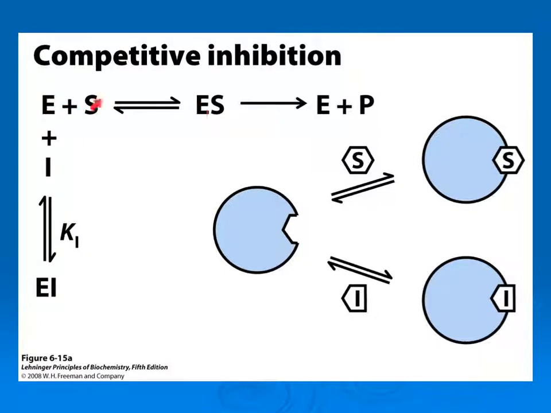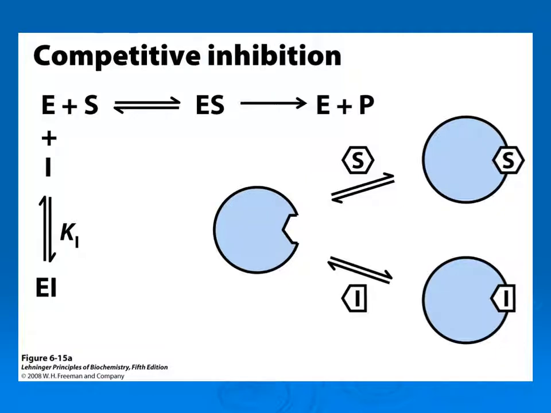Because if the substrate's already bound, it's taking up that same binding site, preventing the inhibitor from binding. So this is a step where the inhibition occurs, and they give it an equilibrium constant called Ki. Literally, Ki is the dissociation constant for the inhibitor.